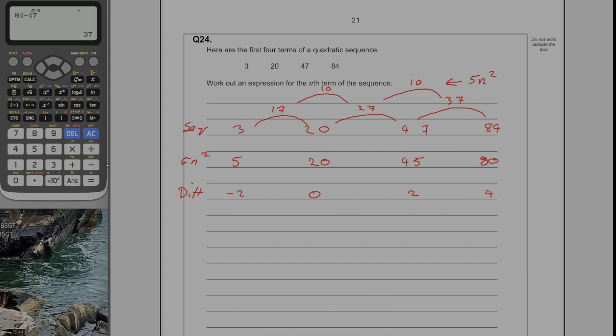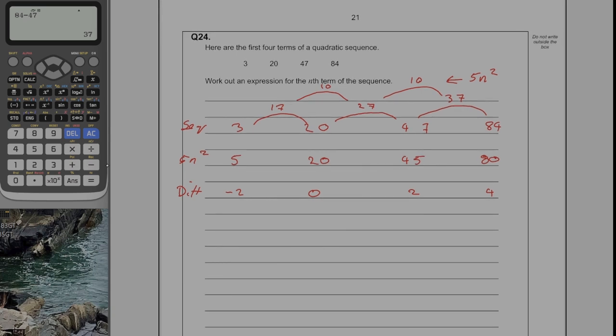And then this has got a common difference of 2. So this sequence here must be 2n minus 4. So that would give me 2 minus 4, minus 2, 0, 2, and 4.